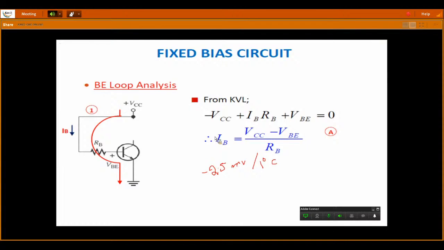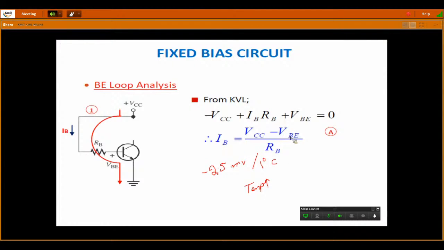So the base current in a fixed bias circuit is equal to VCC minus VBE divided by RB, where RB is your resistor and VBE is the base to emitter junction voltage. If the room temperature is increasing, the base to emitter junction voltage will decay by 2.5 millivolt for every degree centigrade rise in temperature.